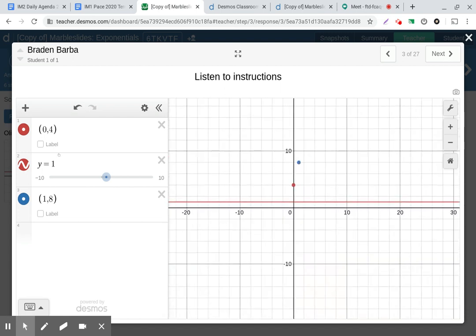So the asymptote is y equals 1. So put these three points. Can it touch? It can't touch it. It just can't go under. So we doubled 4 and became 8, right?